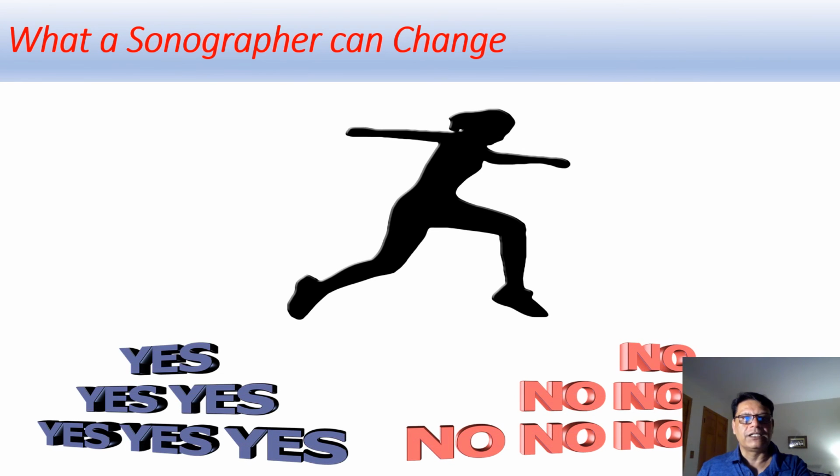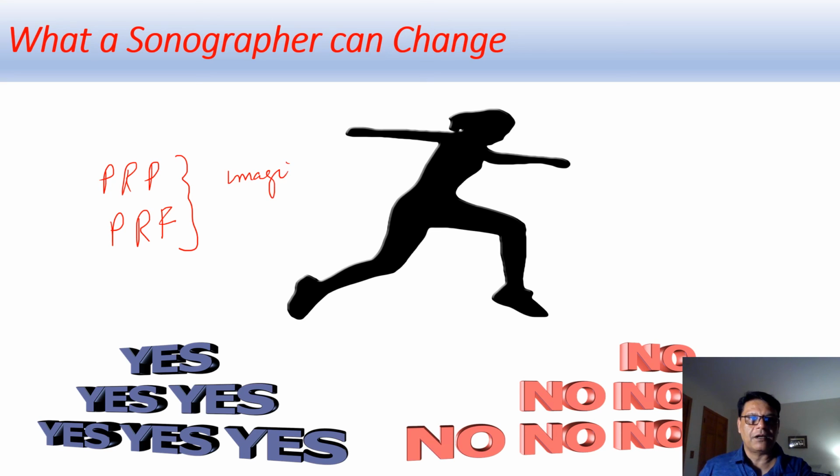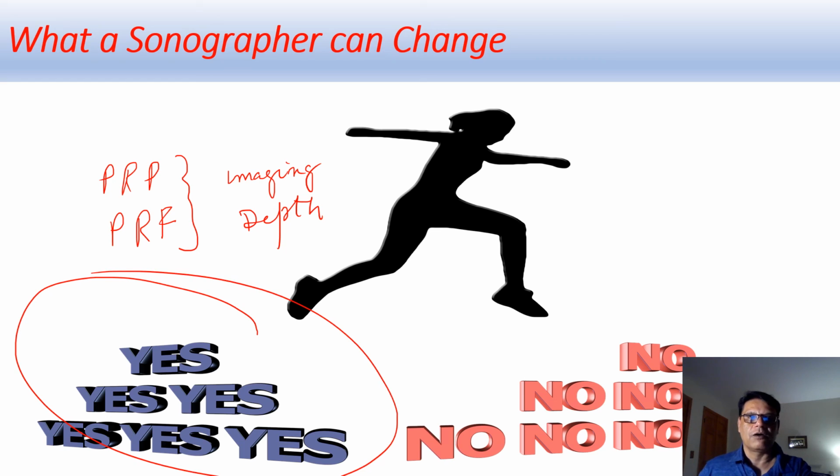What a sonographer can change and what cannot be changed. The last two entities, pulse repetition period and pulse repetition frequency, can be changed by the sonographer. How? By changing the imaging depth. Yes, these two parameters can be controlled by the sonographer.